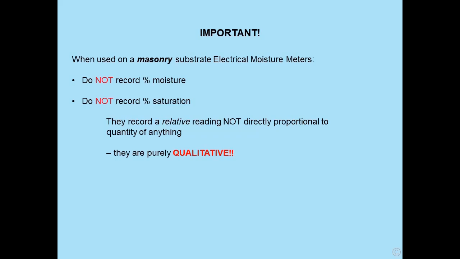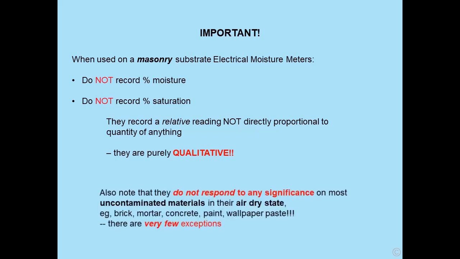They simply record a relative reading not directly proportional to the quantity of anything. They are purely qualitative. Also note that they do not respond to any significance on most uncontaminated materials in their air-dry state. There are very few exceptions.